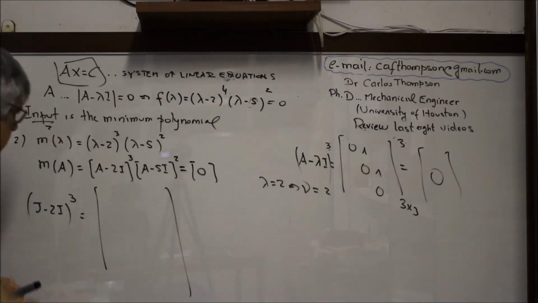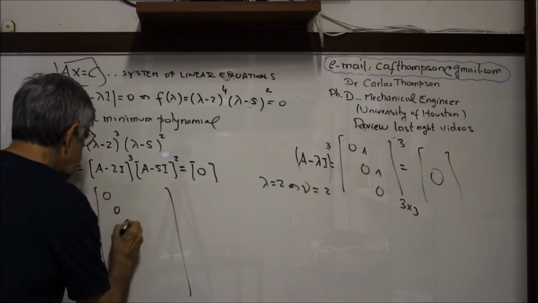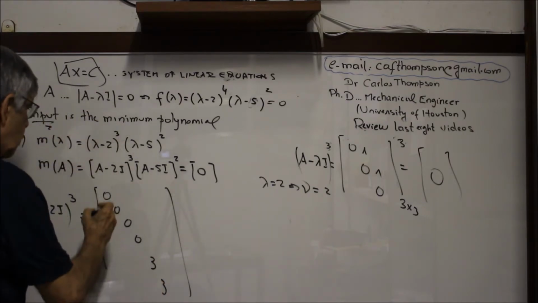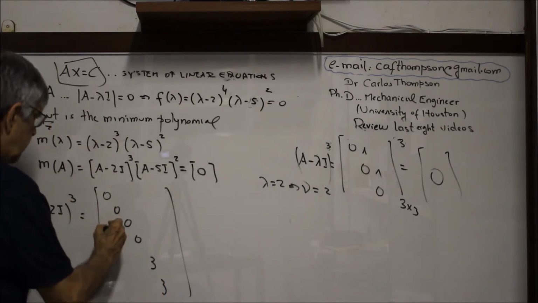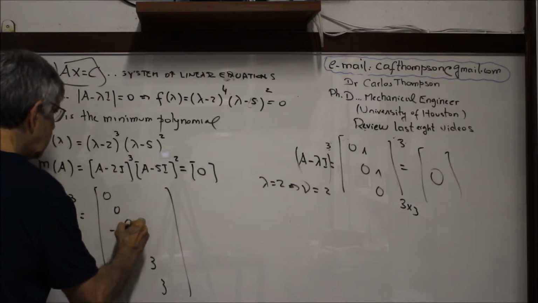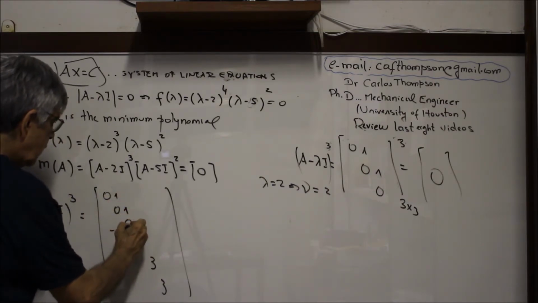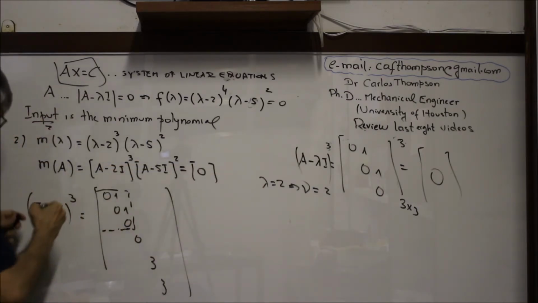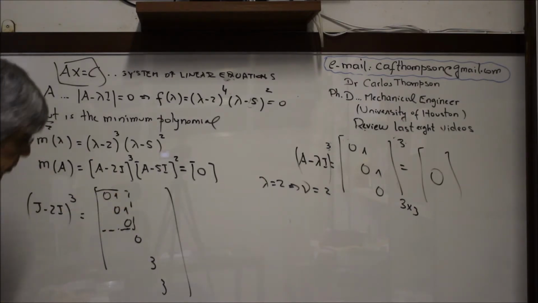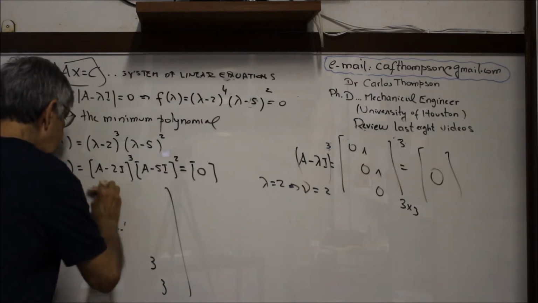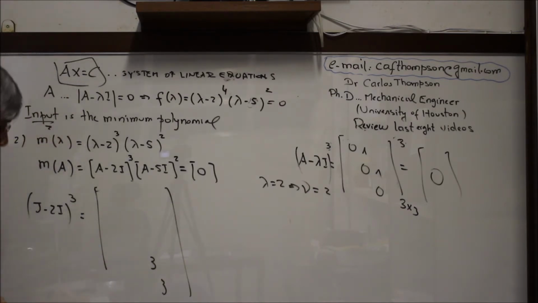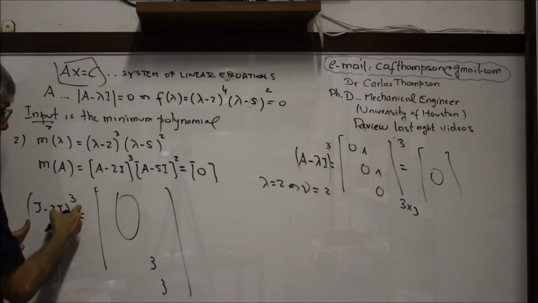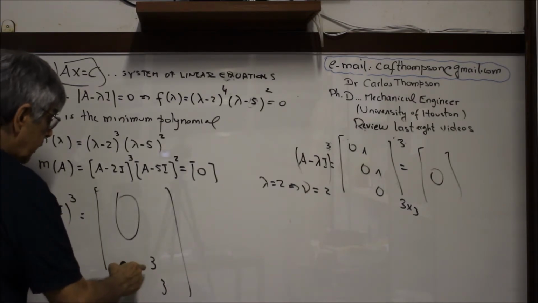Okay? I put here 0, 0, 0, 0. 5 minus 2 is 3 and 3. So, here we know in this block, this is 1 and this is 1. You see, look at here and look at that. Okay, the same. Now, this is the power 3. This will be 0. So I have here a big 0 that corresponds to J minus 2I to the power 3. Now, this is 3.